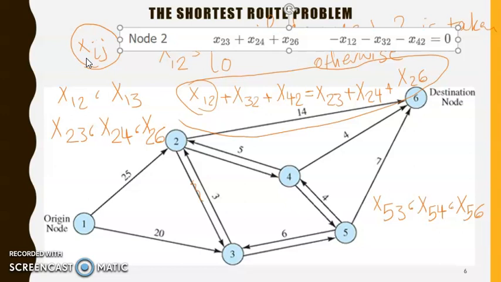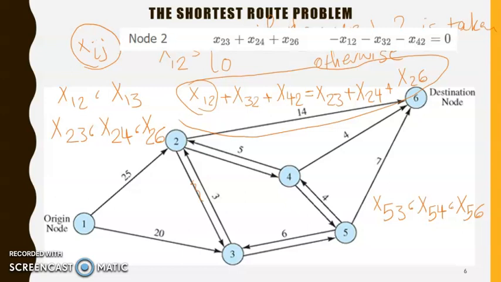When it brings them to the other side of the equation, their sign is changed from positive to negative, and 2,3, 2,4, and 2,6 are gonna stay in the same place.